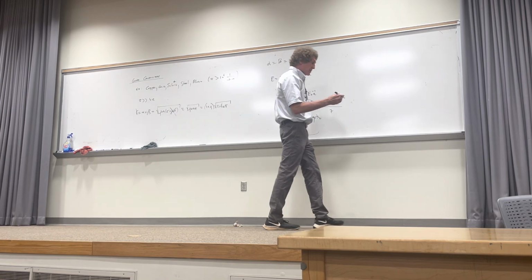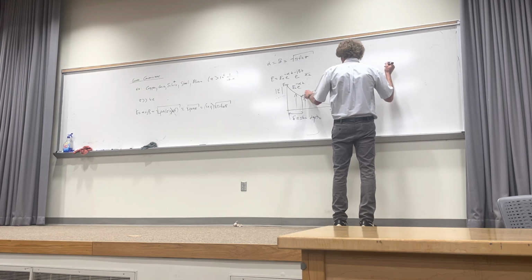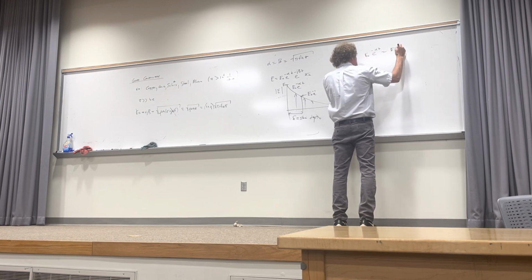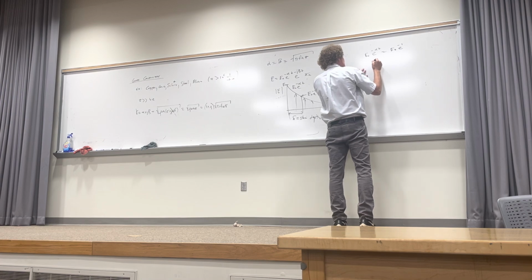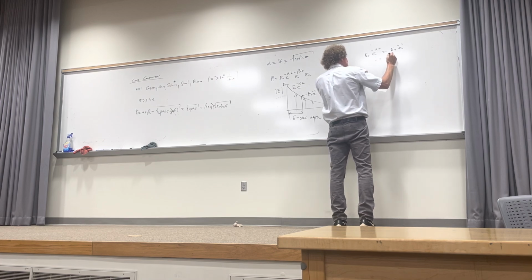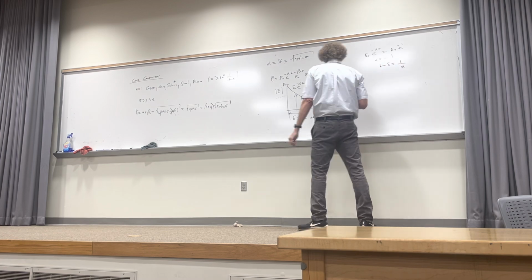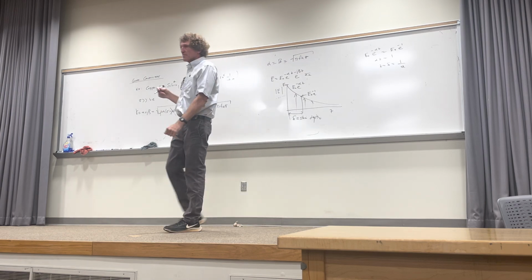Now, since I have e to the minus alpha z times E naught equal to E naught times e to the minus 1, you can see that alpha times z is equal to 1, and z will be the skin depth, which is 1 over alpha. Just take a look at that for a second so you can appreciate it.